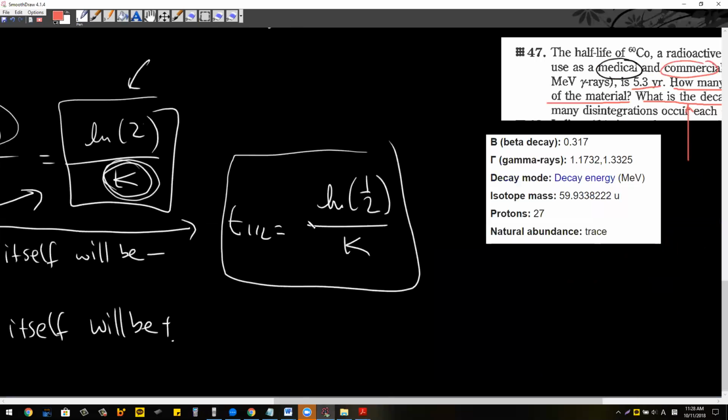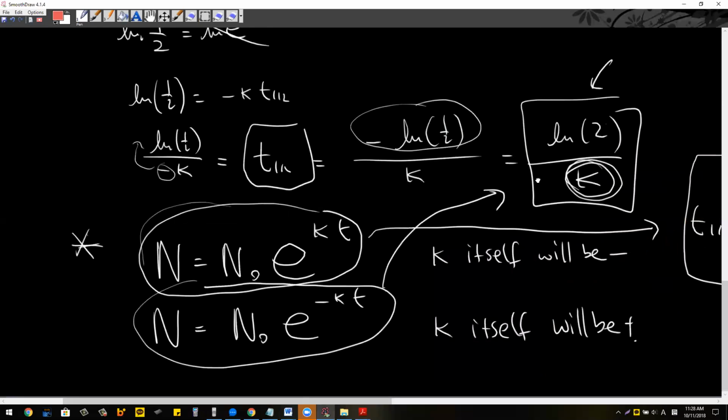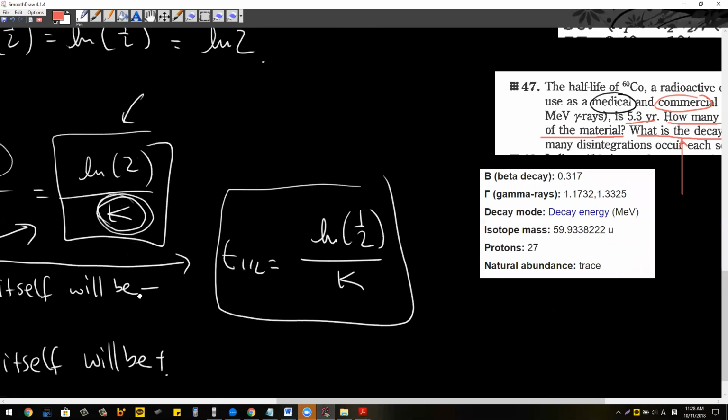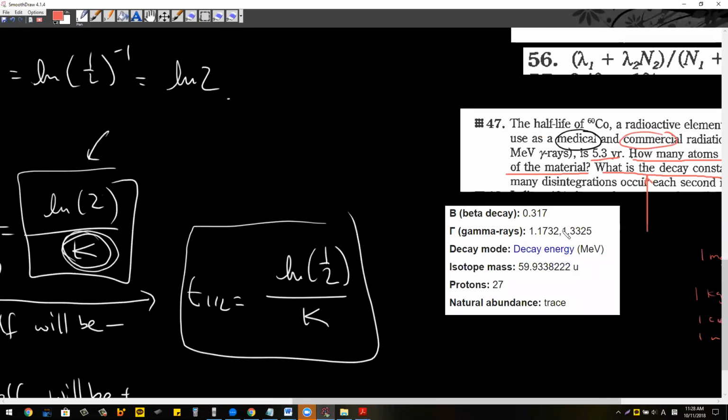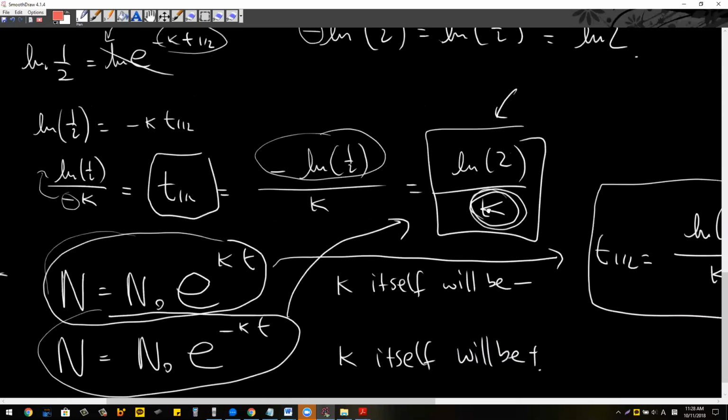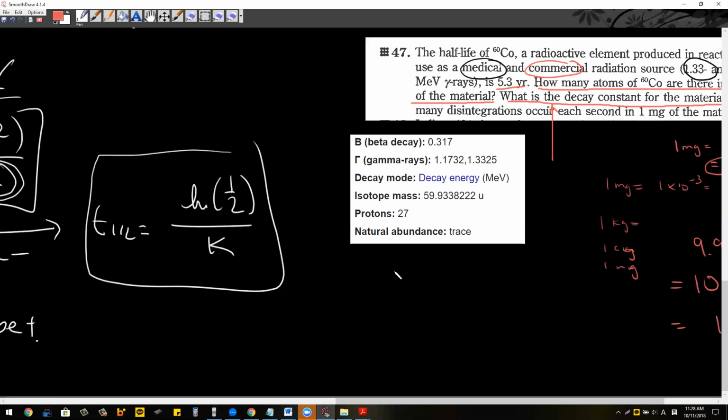Is it usually with a negative sign, guys? Yeah, for your cases. So you just have to do ln2 divided by k. K is equal to ln2 divided by the half-life, isn't it?